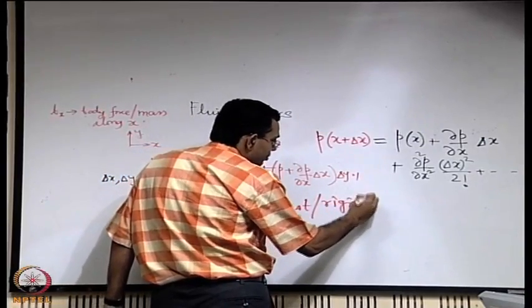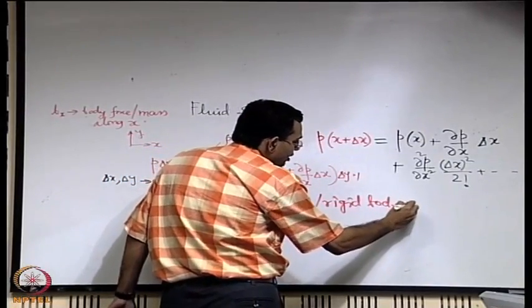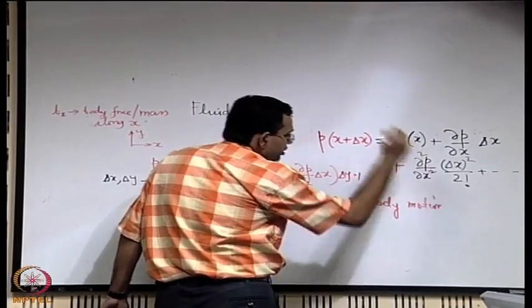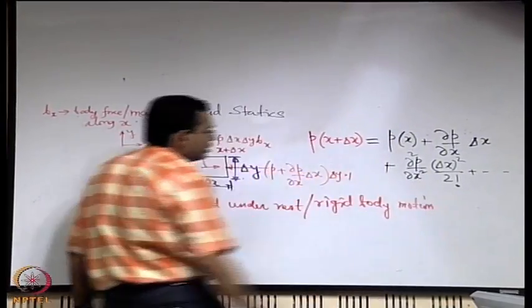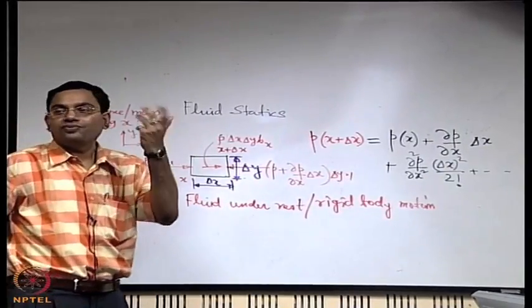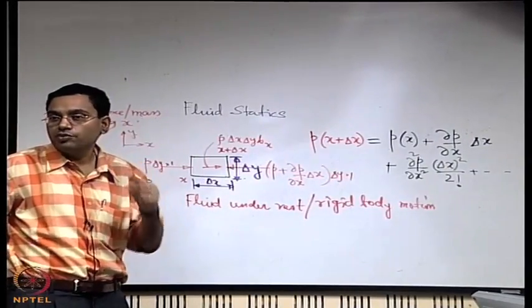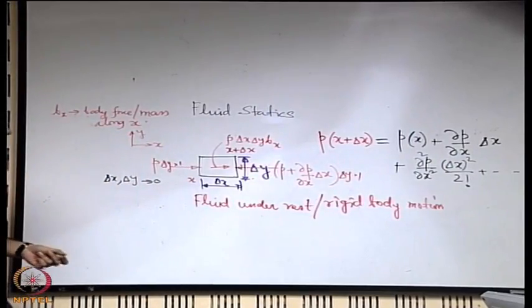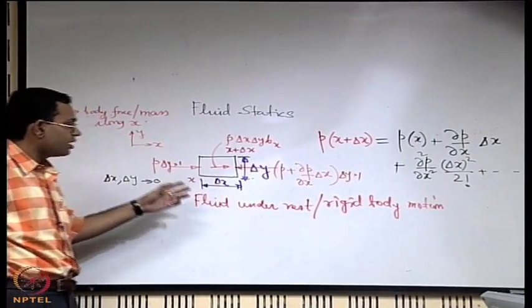We will see such examples where the rigid body motion of the fluid will be very interesting, like you may have a rotation of a fluid element like a rigid body, and we will see what kind of situation it creates.